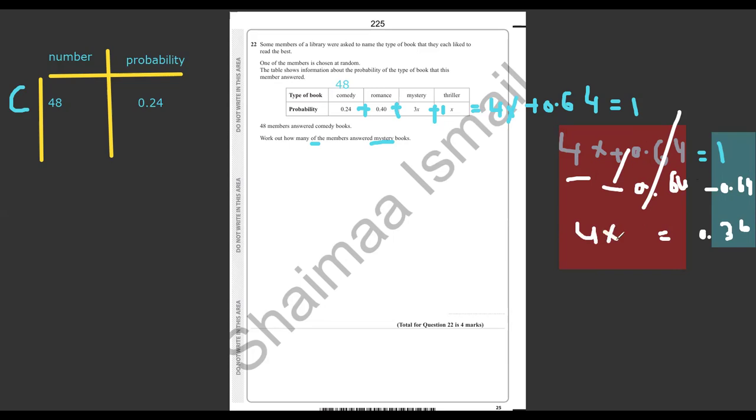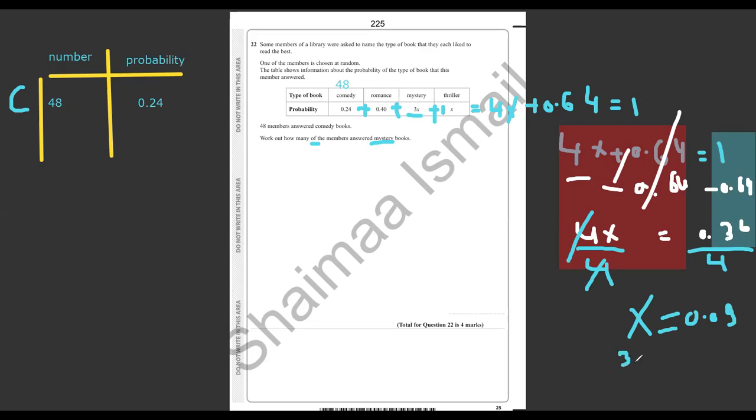Then it's time to divide it by 4, just to kick the 4 here. So kick here and kick here. So x now, 36 divided by 4 is 9, 0.09. But the mystery is equal to 3x.